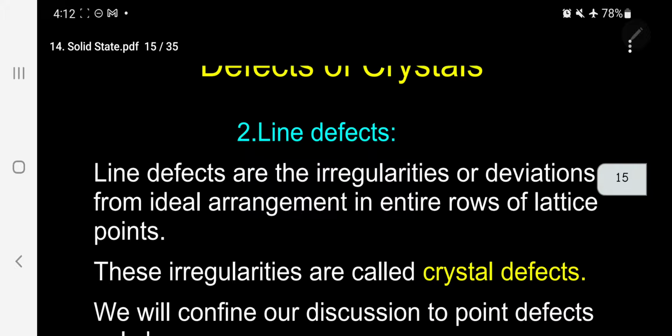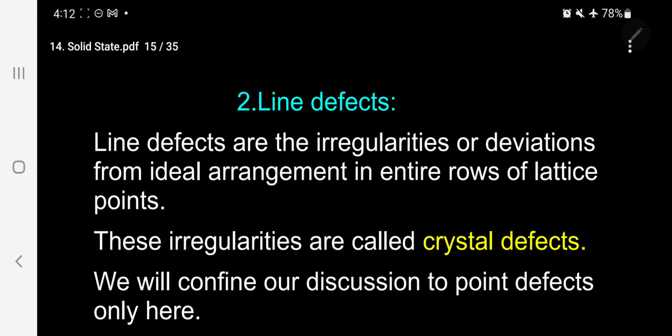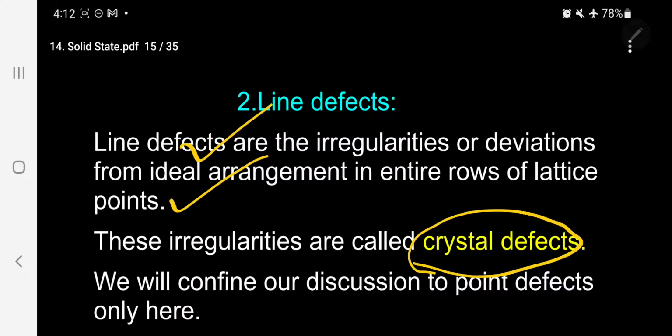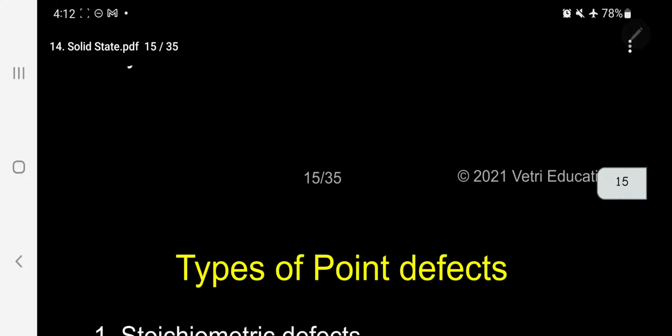Whereas line defects are the irregularities or deviations from ideal arrangement in entire rows of lattice points. These irregularities are called crystal defects. Even though we study both, according to the syllabus we will concentrate our discussion only on point defects here.